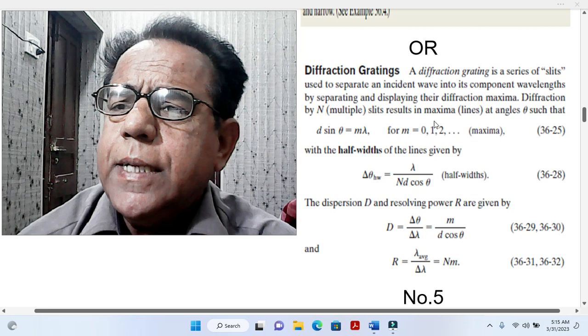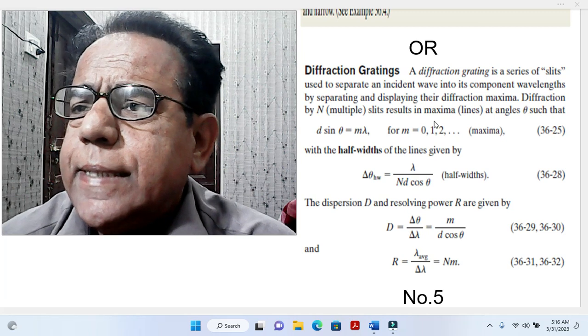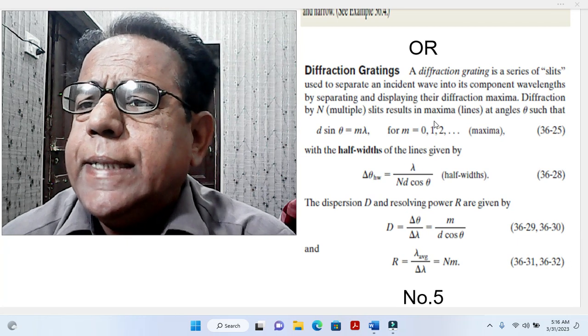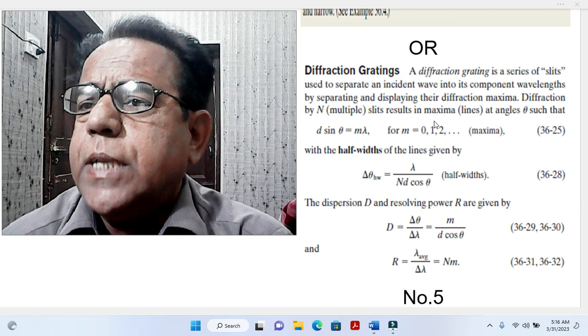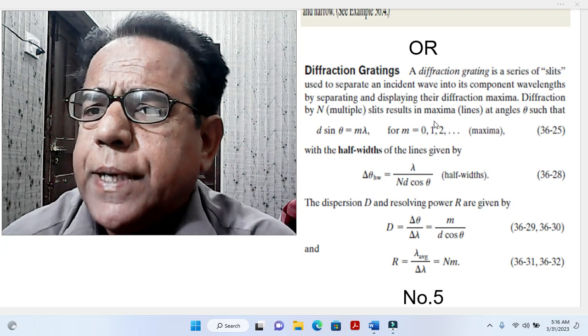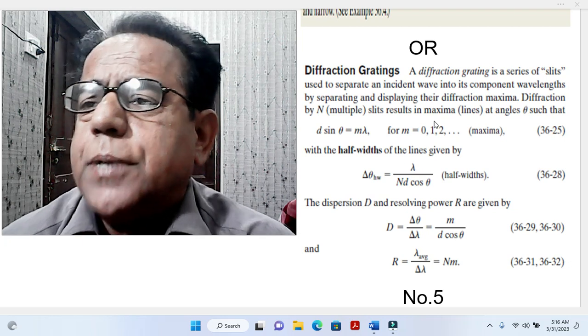This snapshot says diffraction grating. A diffraction grating is a series of slits used to separate an incident wave into its component wavelengths by separating and displaying their diffraction maxima.